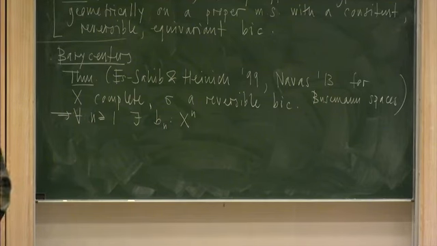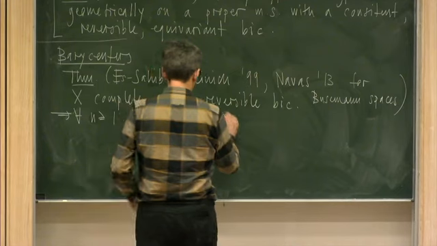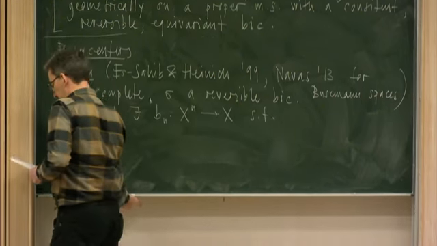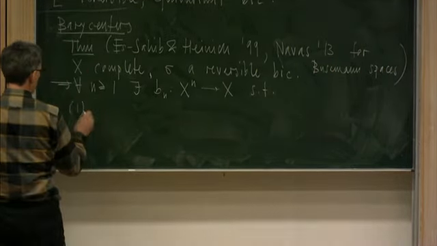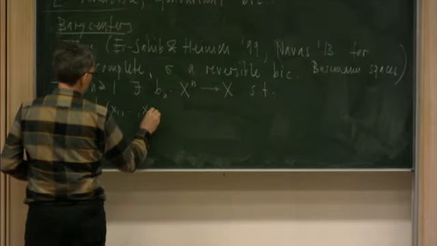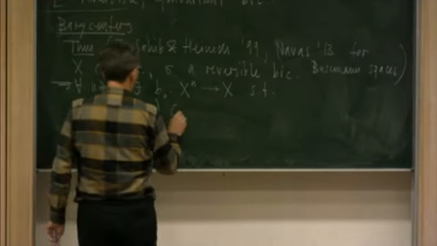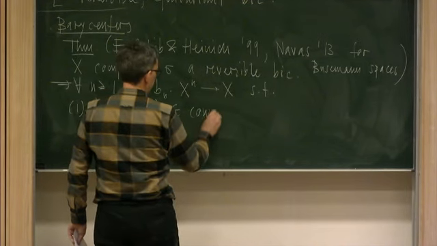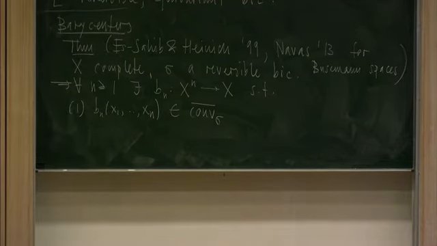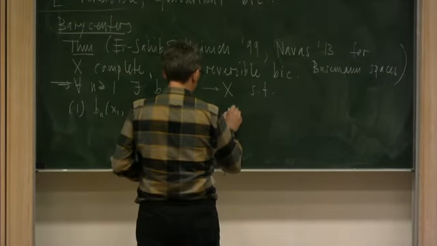So you can associate a barycenter to every n-tuple of points in X, so that the barycenter of x1 up to xn is in the closed sigma convex hull. Should be clear what I mean by sigma convex hull: we build the convex hull, but using the bicombing geodesics, the closed sigma convex hull of the points.